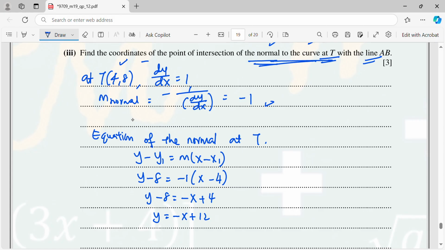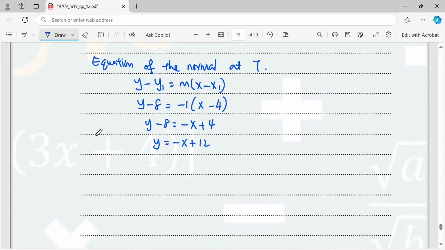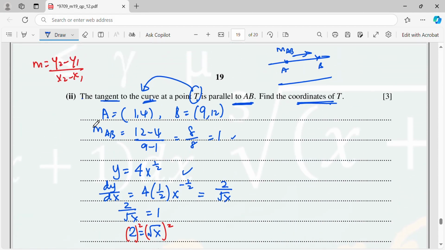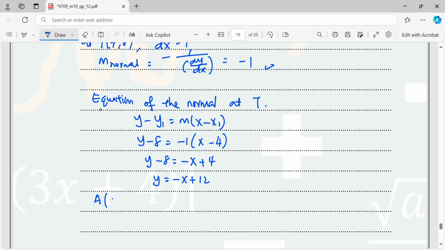And now you need to find the coordinates of the point of intersection of the normal line with the line AB. Just now we have not found the line AB yet. So now, A with coordinates (1, 4), B with coordinates (9, 12), and the gradient is 1 just now.